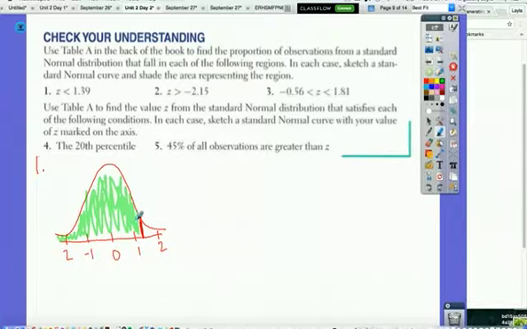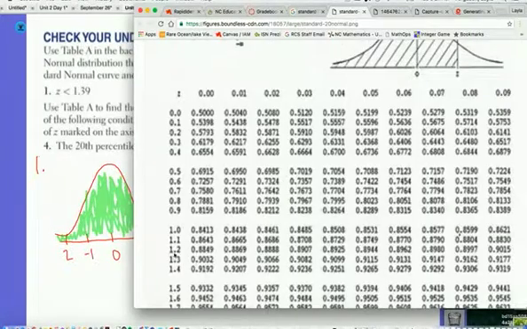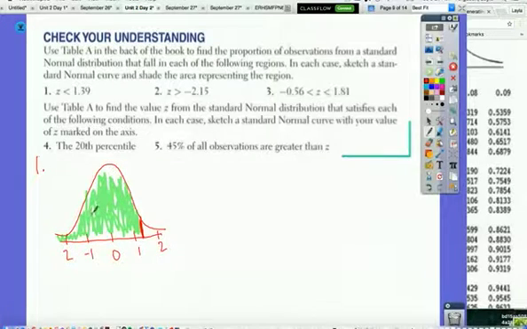So the way that you would do that is you would go to your table and you would locate on the positive side 1.39. So looking at the positive side, you would go to 1.3 and you go all the way over to 9 and you get 9177. So this area is 0.9177.